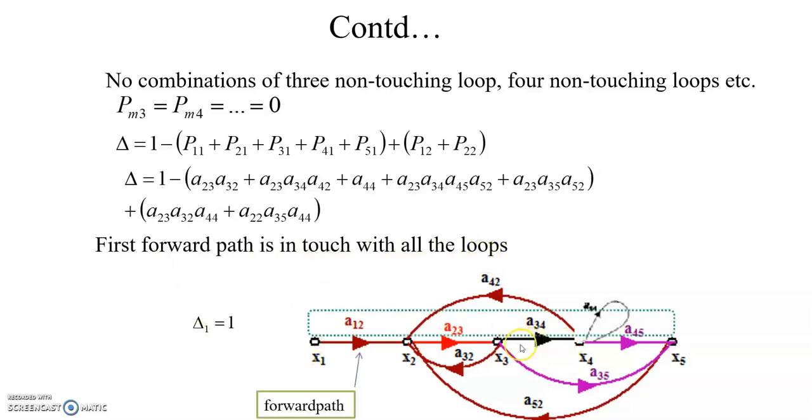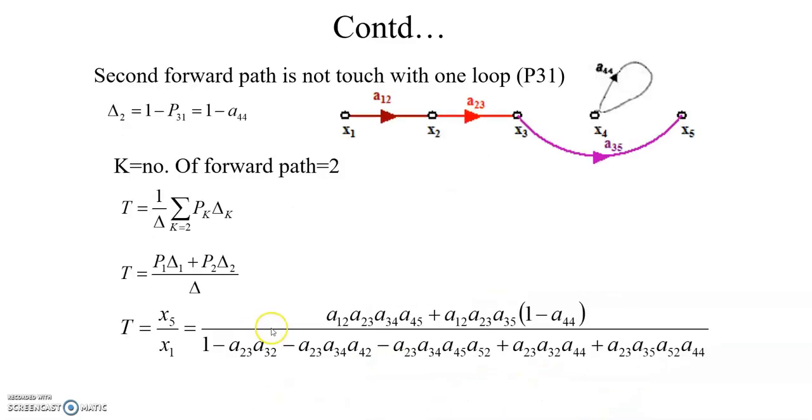The first forward path means that all the nodes are present, so there is no part of the graph which is non-touching with the first forward path, so delta 1 is equal to 1. Next, for the second forward path, only one loop is there, that is a non-touching loop.